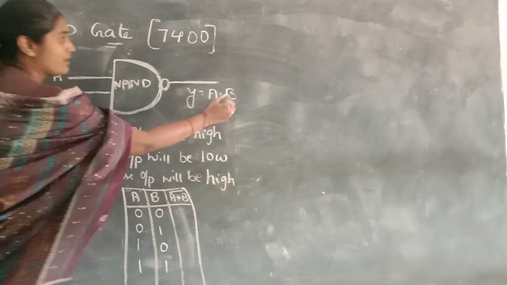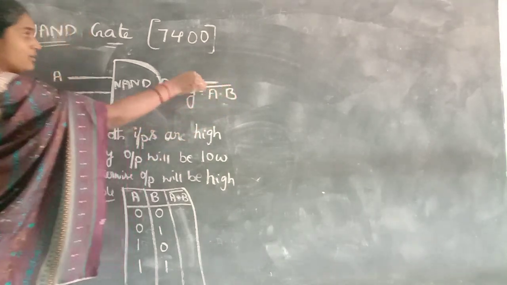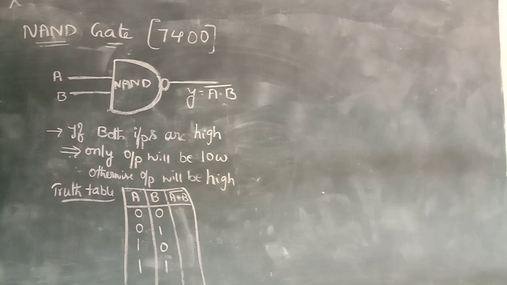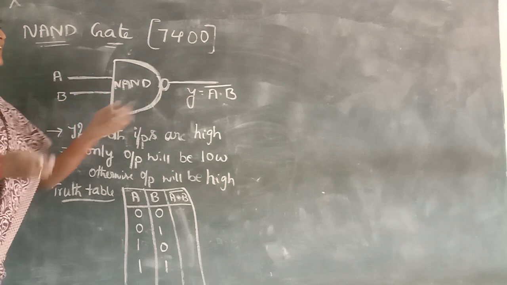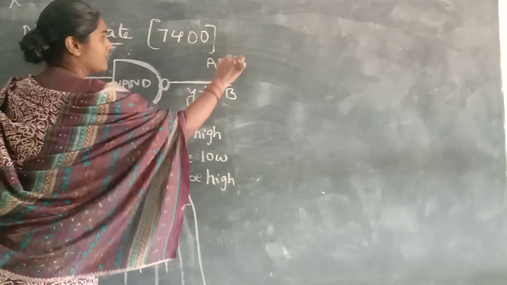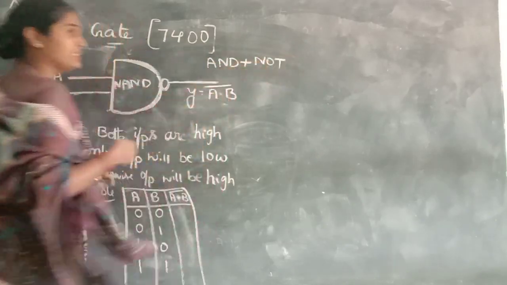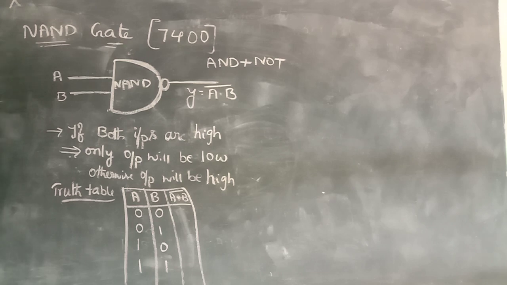What is the logic of the NAND gate? Y equals A dot B whole bar, because the NAND gate is nothing but an AND with a NOT gate.